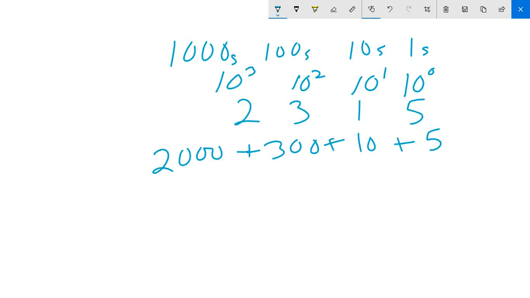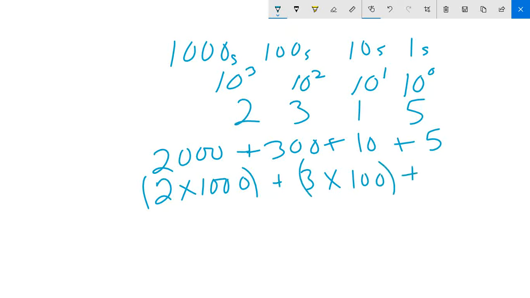Another expanded form way we said was 2 times 1,000 plus 3 times 100 plus 1 times 10 plus 5 times 1. I'm using a touch screen here, so it's sort of messy.